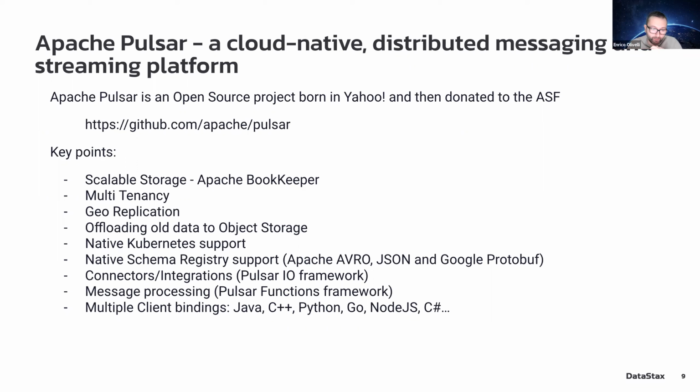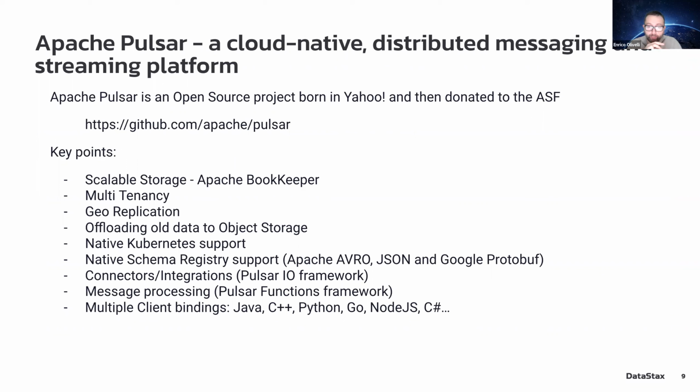It brings support for geo-replication out of the box, so you can connect multiple Pulsar clusters in different regions or availability zones or whatever you want. And you can easily produce and consume to remote clusters transparently.